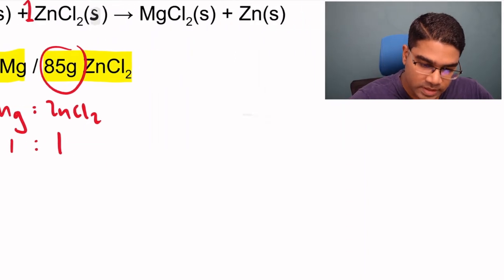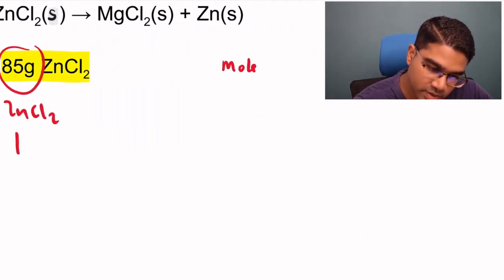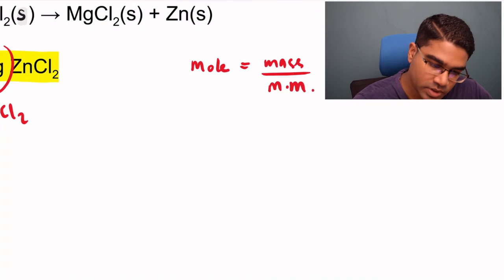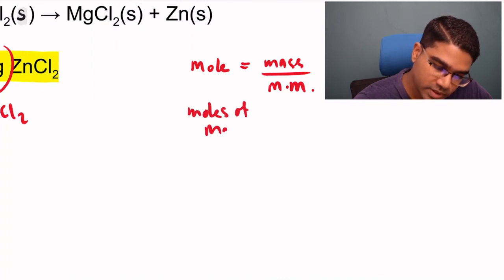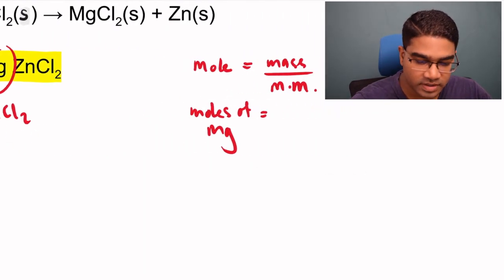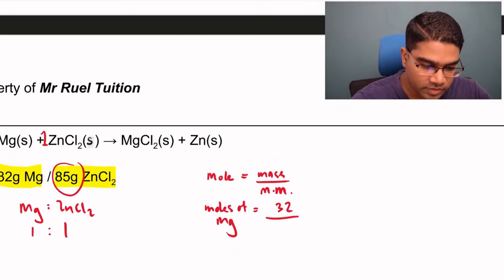The moles of magnesium. Once again, we are using mass, so we use the relationship between mole and mass. Mole is mass over molar mass, which means the moles of magnesium will be equal to the mass of magnesium over the molar mass of magnesium. Mass of magnesium is given as 32 grams. Molar mass will also be given as the relative atomic mass.